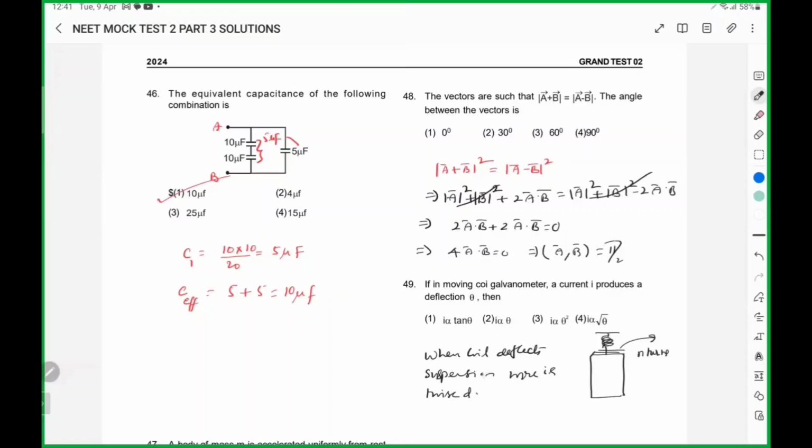So in that process, restoring torque is developed in the wire.